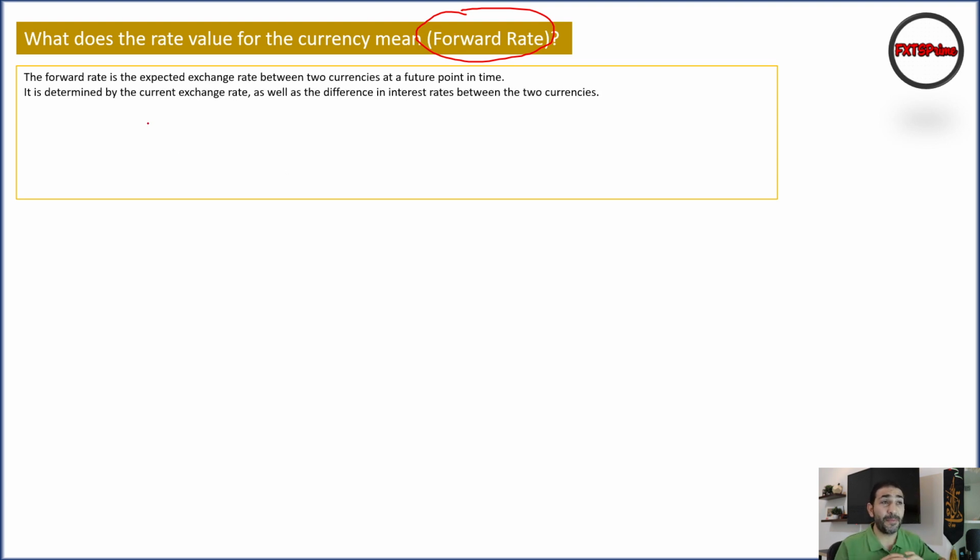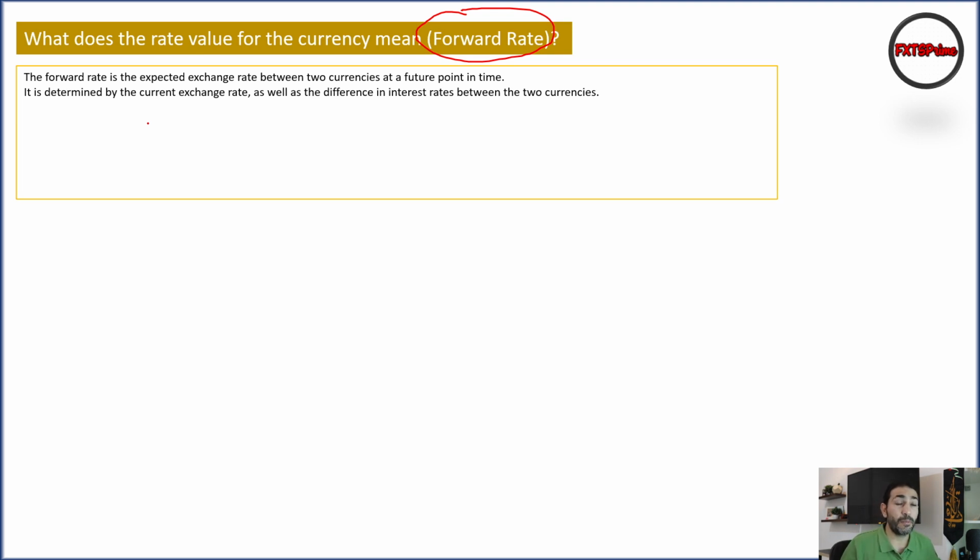It is the expected exchange rate between two currencies at a future point in time, when there are interest rates for the two currencies, compared against each other.